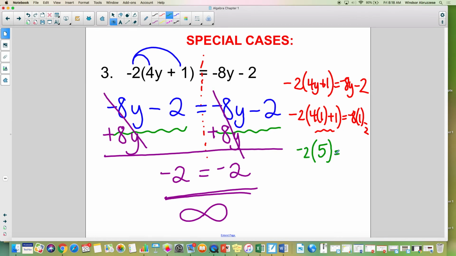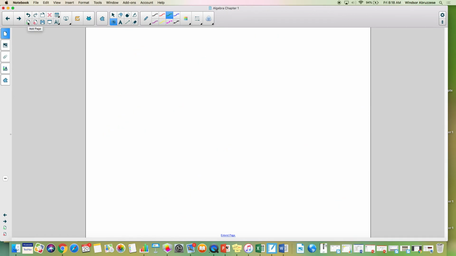And then over here, I have negative 8 times 1, which is negative 8, minus 2, which is negative 10. And over here, I have negative 10. Does negative 10 equal negative 10? Yes. Then that means that 1 can be a solution. In this case, plug in any number you want. It will always work.